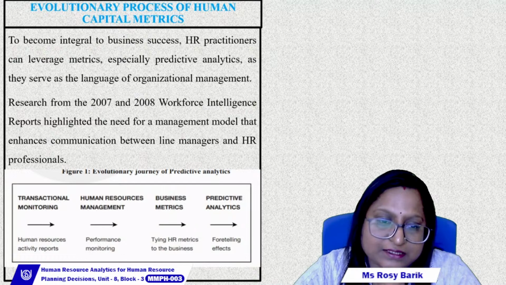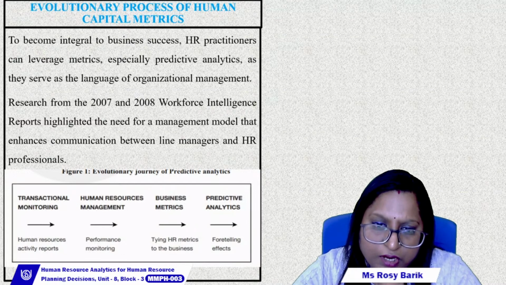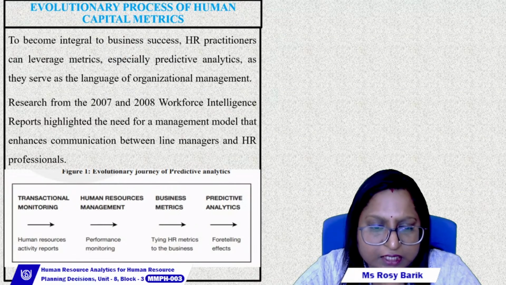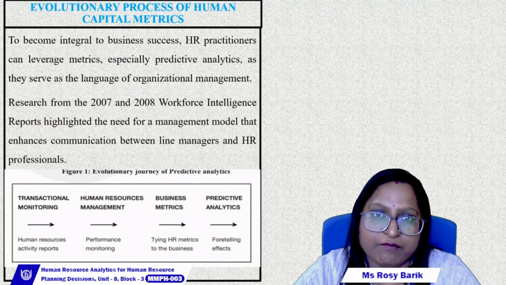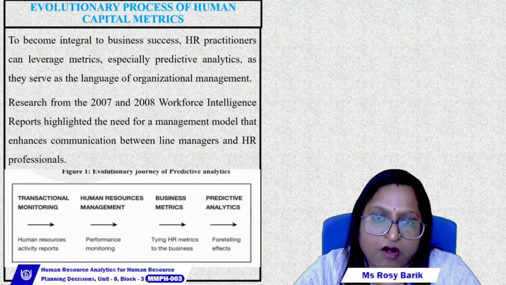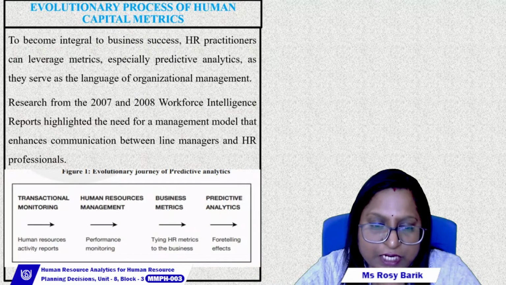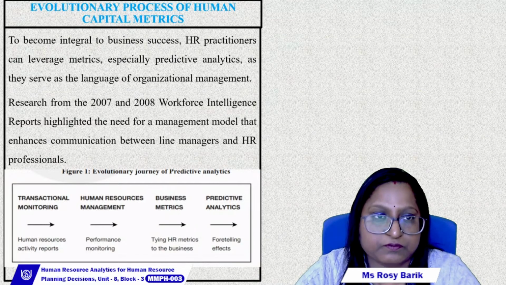nowadays is foretelling the effects. In this process, the manager can identify what the issues are and what will happen if a new method is implemented in the organization, what will be the effect of the implementation of the new things in the organization. That's why we are saying that it is predictive analysis.